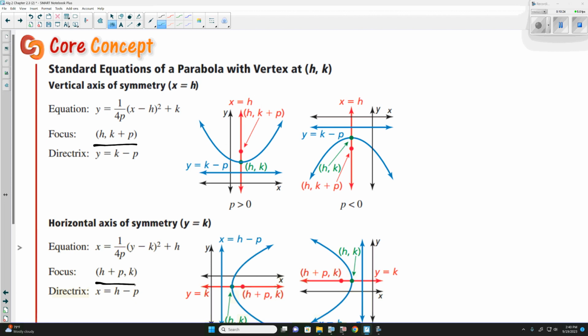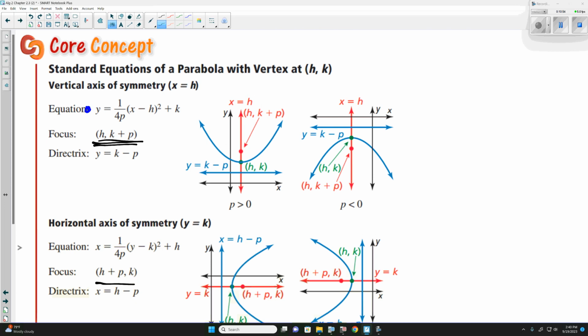Well, since we see that the second value is changing for the focus, I figure out which one that's connected to, which is our y equals 1 over 4p times (x minus h) squared plus k. Do y'all see how that works? Because this one here, given the focus and vertex, is one of the harder ones to determine because we have to look at the two points and see how it is changing, how it is altering.